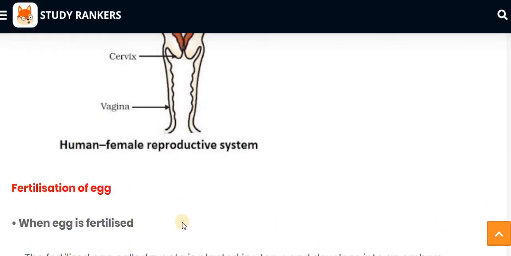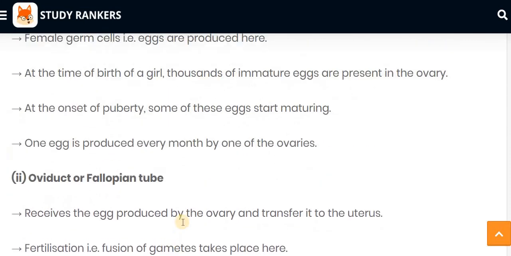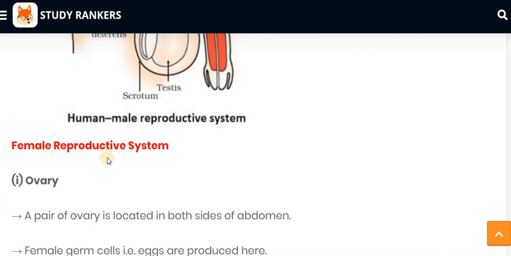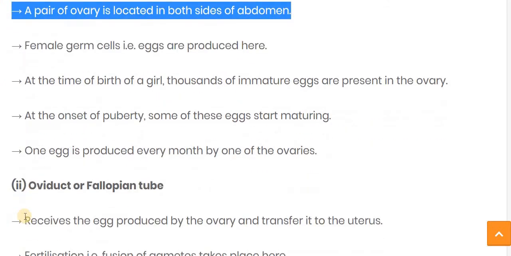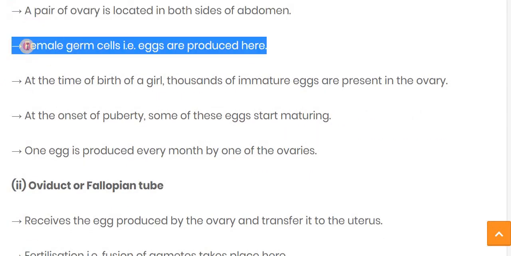Now let's revise the human female reproductive system. In the female reproductive system, the main organ is the ovary. A pair of ovaries is located on both sides of the abdomen. The female germ cell called the egg, or you can say the mature ova, is produced in the ovary.